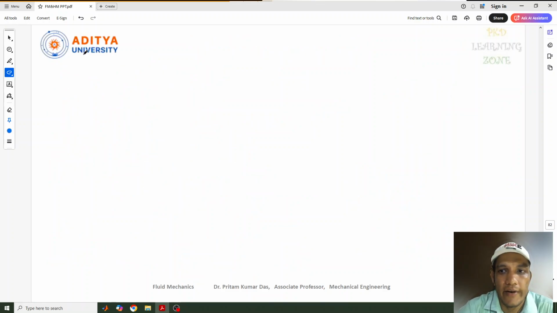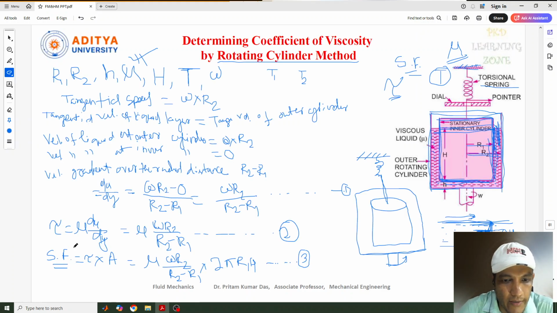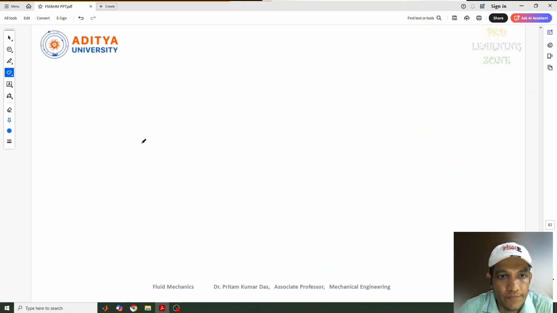Yeah. So next we can identify, okay, up to what? Shear force calculated. Next we can write the torque.